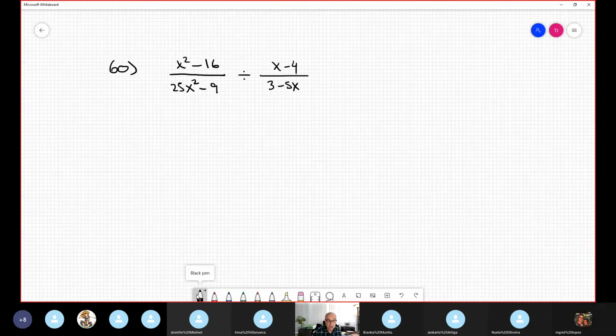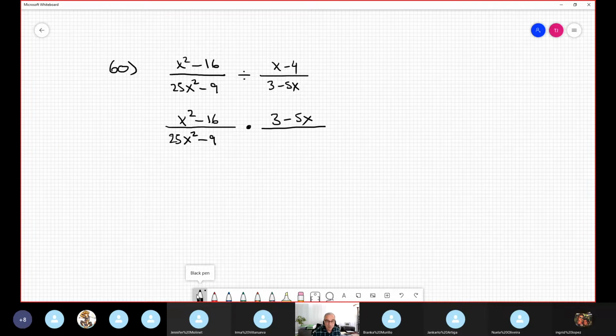Okay, I try. When I face a division problem, immediately I copy the first expression exactly the same. I don't change anything. Now I convert the division problem to a multiplication problem by flipping it: 3 minus 5x and x minus 4.